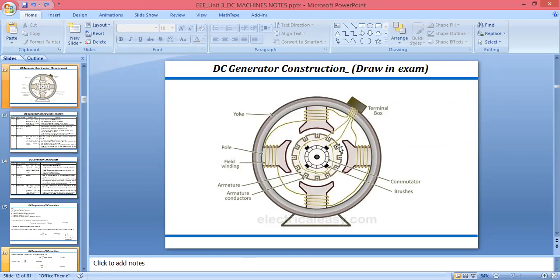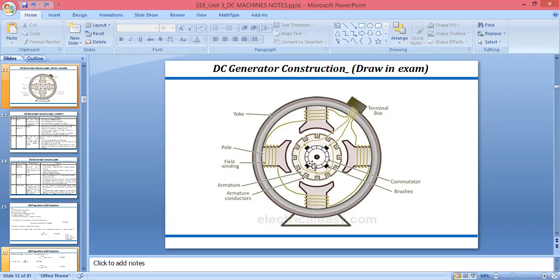It is working as the protection for the remaining circuit. And again, pole, we are using poles which are inside the yoke. We are doing winding here. Again, there is an armature and a commutator. We are making armature by using copper because it is a good conductor, and we have air ducts to let air come in.